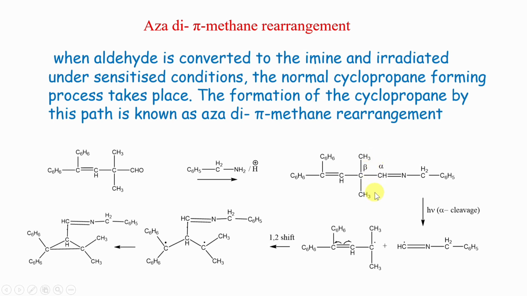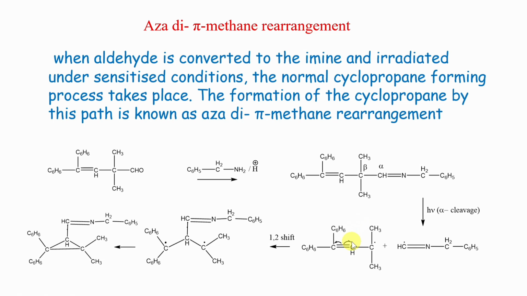Alpha cleavage takes place to form these radicals. Okay, then this imine part gets shifted from this first position to the second position, as in the Oxa-Di-Pi-Methane rearrangement. A 1,2 shift takes place. Here this imine part goes to this carbon atom, and so we get a 1,3 biradical through the 1,2 shift of this imine group from the first carbon atom to the second carbon atom.